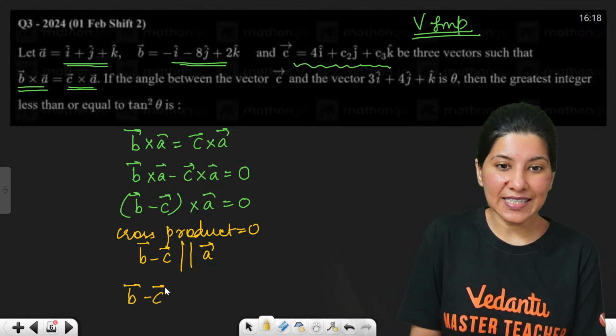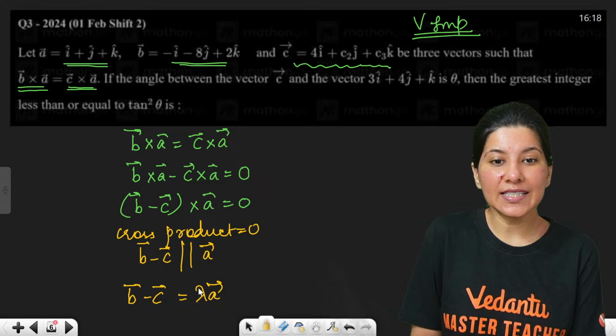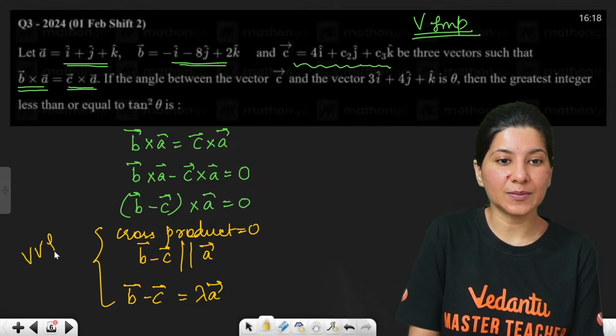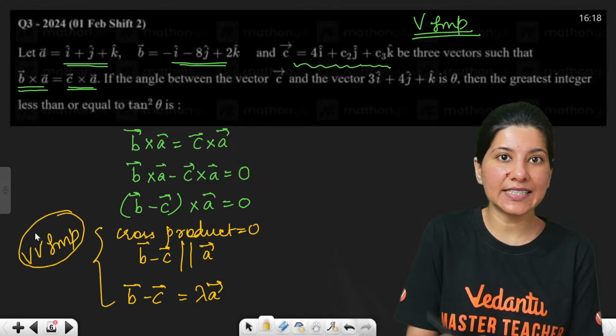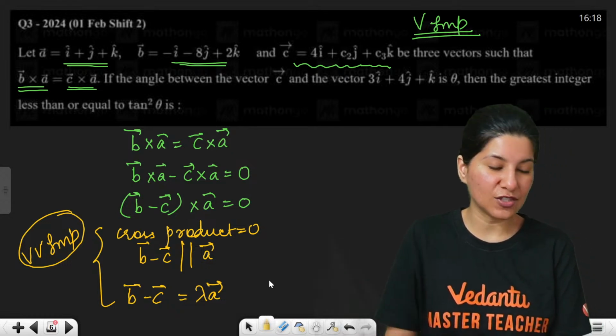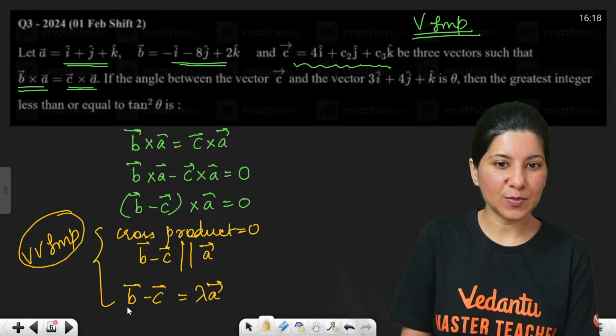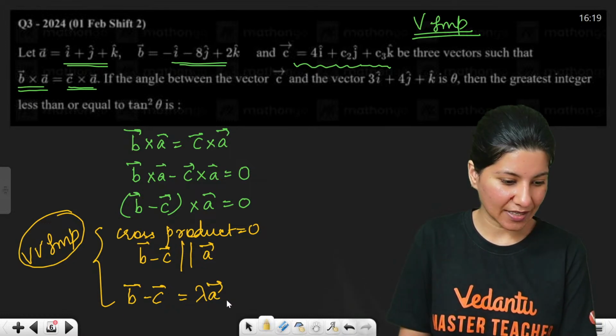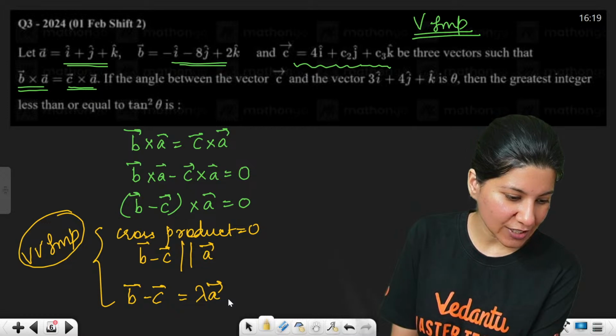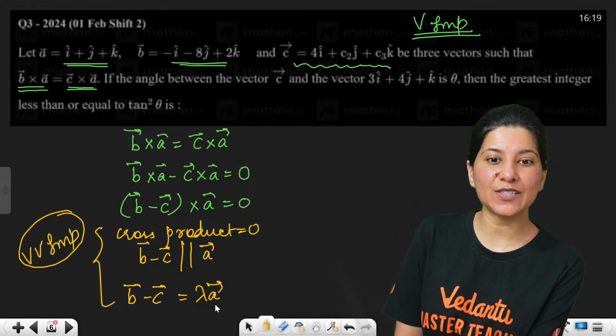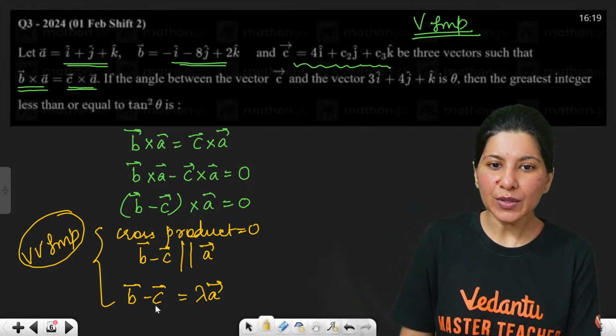Means B minus C is equal to lambda times A. This is very, very important. You will definitely get these type of questions in your 2025 January attempt and April attempt as well. Cross product zero, so B minus C is equal to lambda times A. Correct? Hi Akhilesh. So you are looking for C, right?